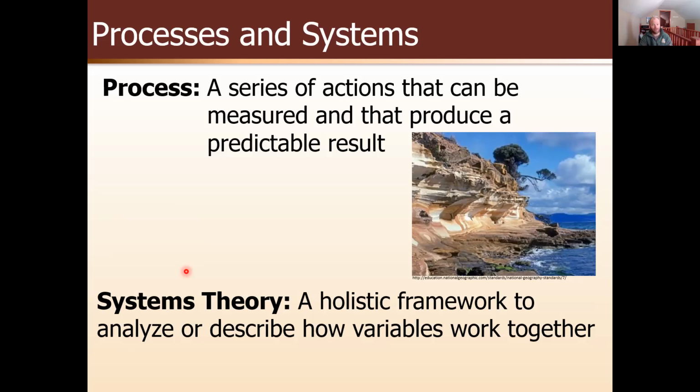Okay, systems theory then. So again, system, now also in the definition. So process and system, physical geography also being a systems theory science, providing a holistic framework to analyze or describe how variables work together. Some science terms there, basically to emphasize again this comprehensive approach or framework to both measure and analyze certain conditions.